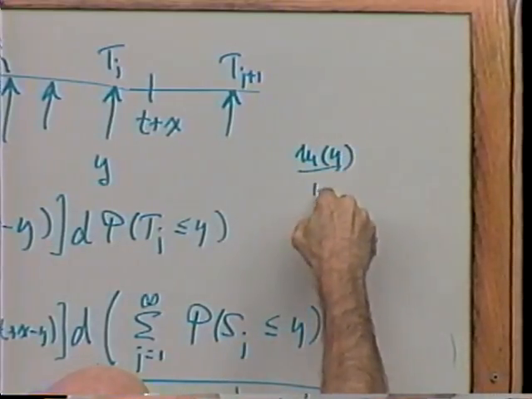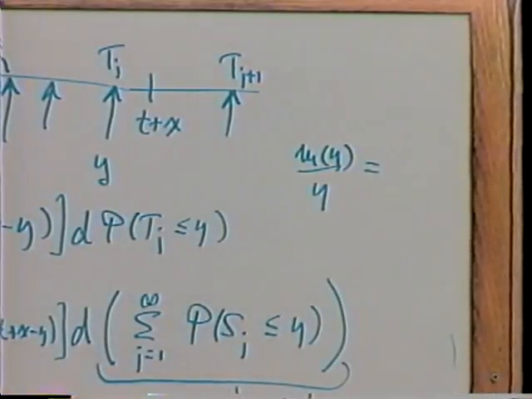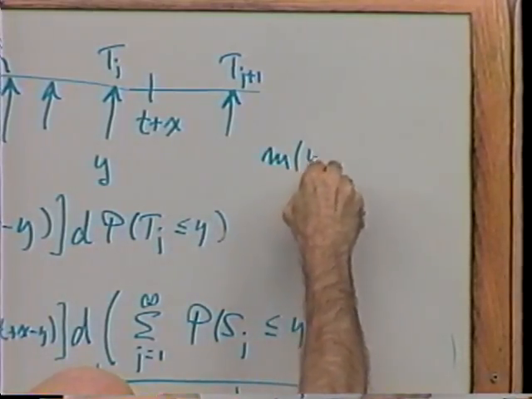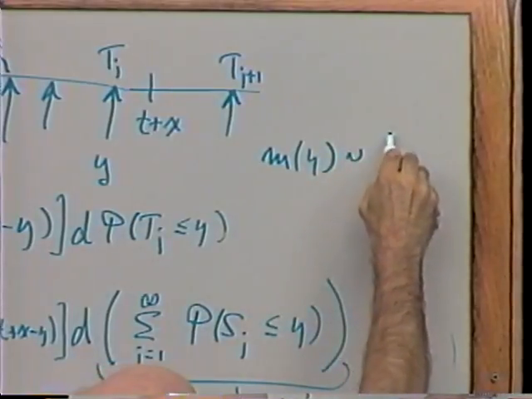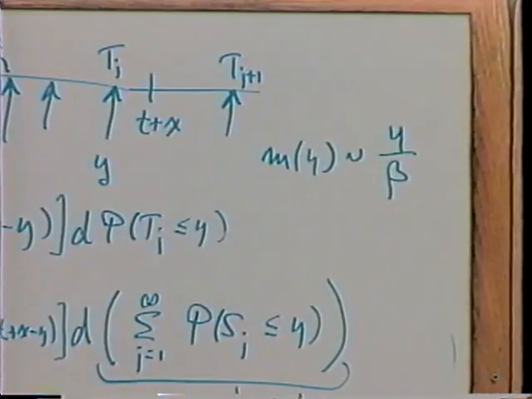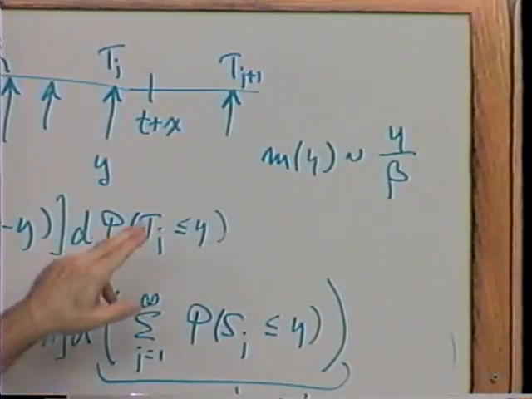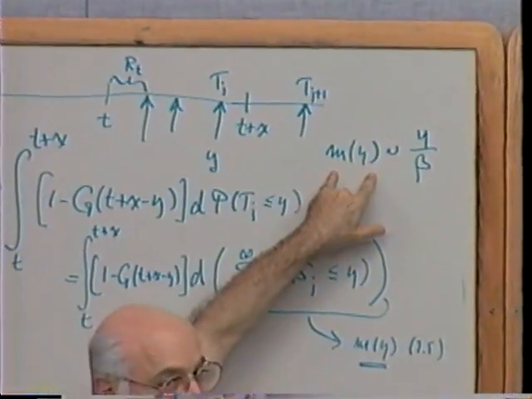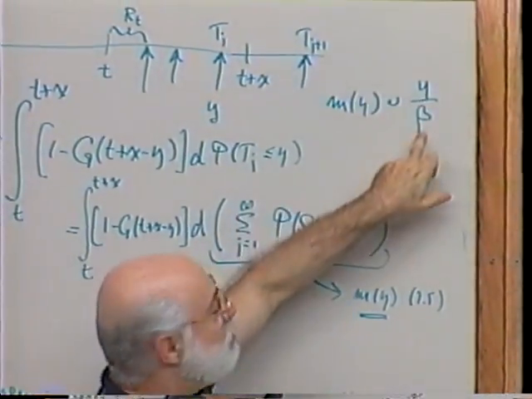Why am I getting confused on this? The average number of renewals in time y is roughly the length of time divided by the average time between renewals. So as t goes to infinity, y goes to infinity, so m of y is asymptotic to y divided by beta.